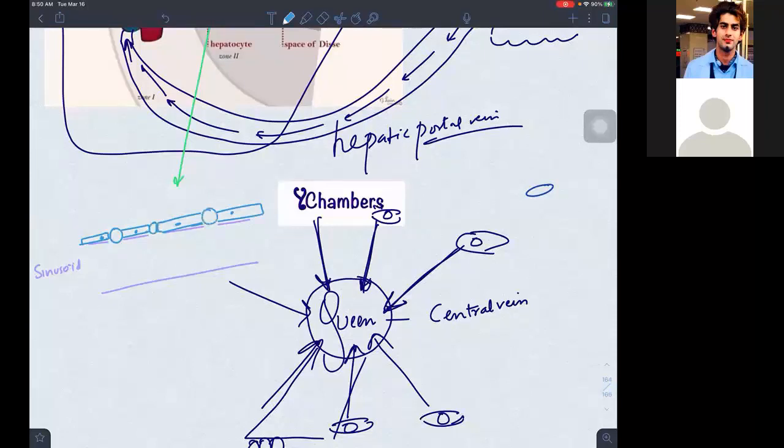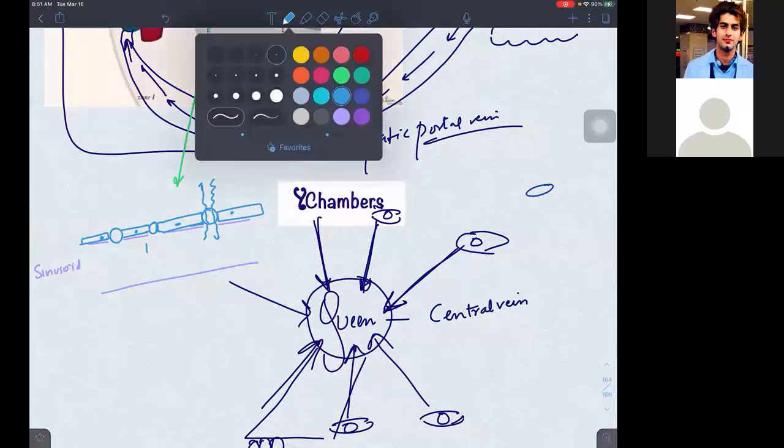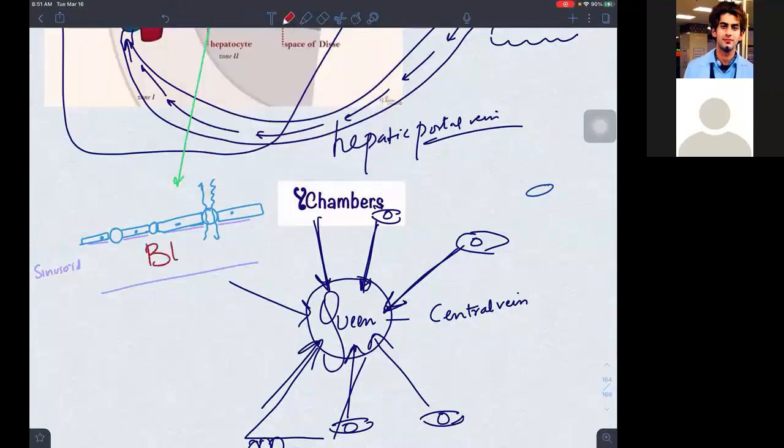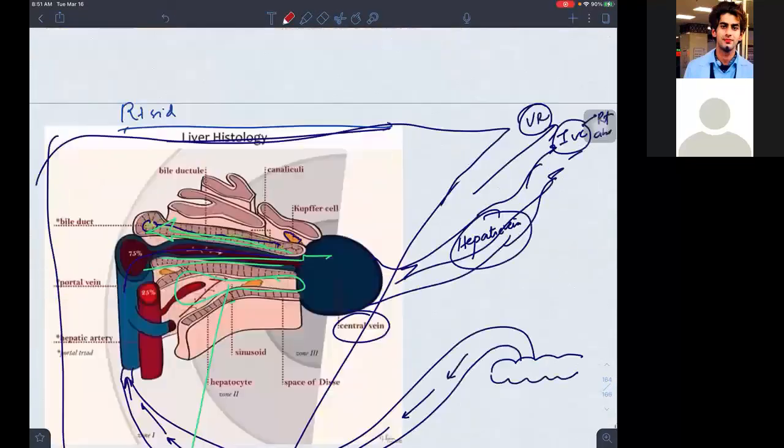Do you remember paracellular transport? Think that there is now a window, not a cell junction, fenestrations, so that things can come in and out. Now can you see this is the blood supply? Blood is going through these sinusoids, isn't it?